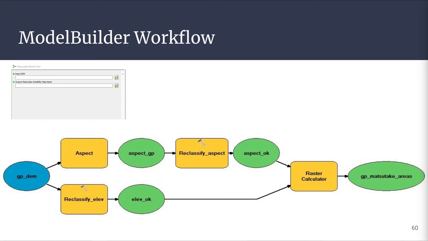That means if you're going to a different location and you want to use different ranges of elevation, you're not able to easily do that within the tool window. You'd have to go back into the ModelBuilder model and change those values. But overall, this makes it so similar analysis to what I did for finding matsutake mushrooms could be carried out in other areas.